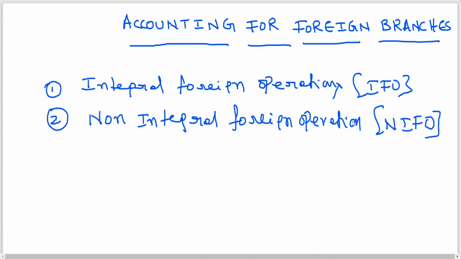Whether integral or non-integral foreign operation, your objective is to prepare the financial statements of the foreign branches in the reporting enterprise where the head office is located. Suppose your head office is located in India and you have branches outside India; they are called foreign branches. Vice versa also.